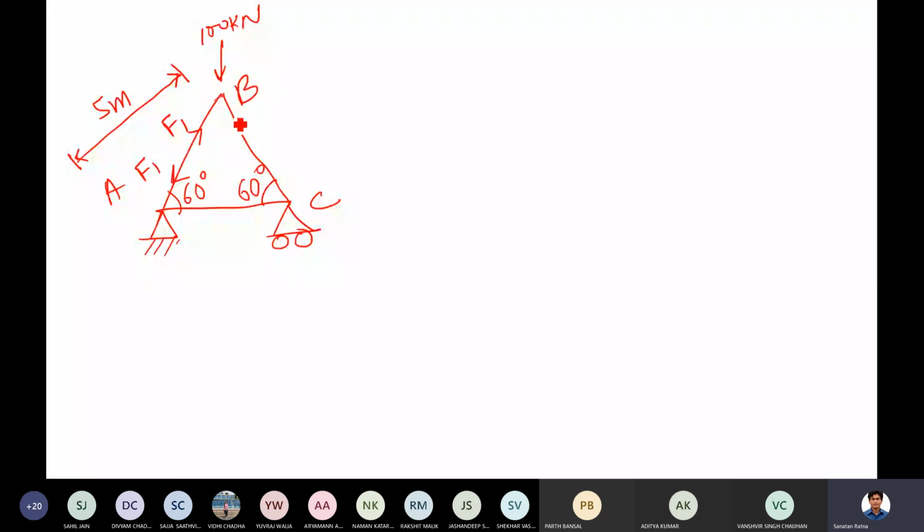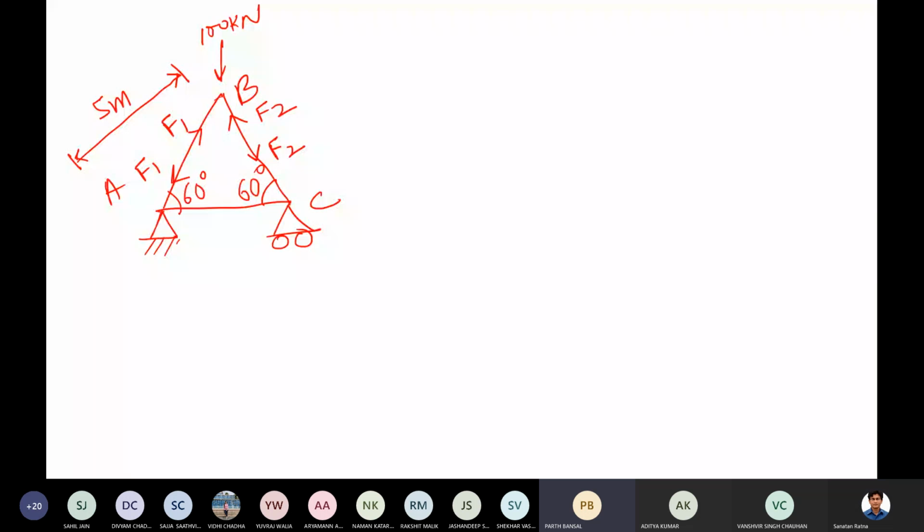Similarly, what about BC? Is BC in tension or compression? Compression. So here also the arrow should be outward, denoting this stress outward. What about AC, tension or compression? Tension.